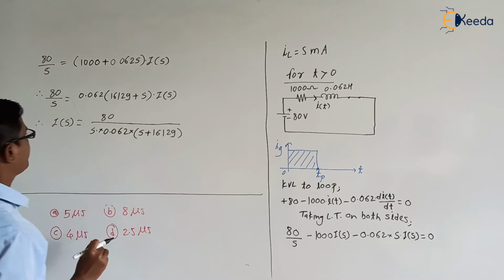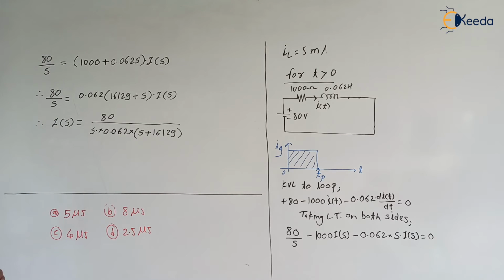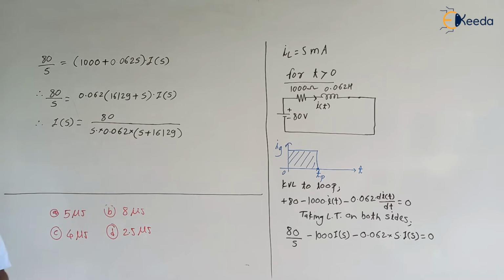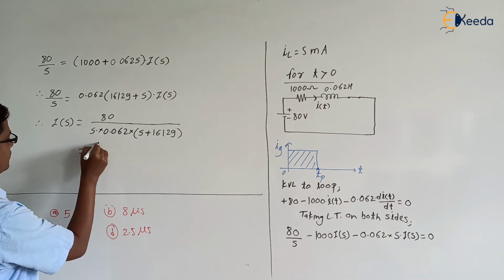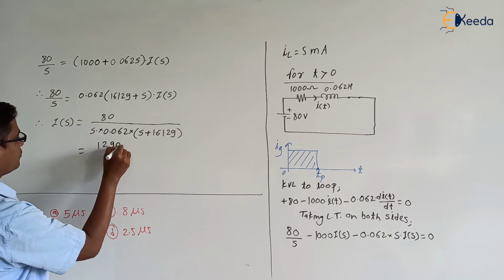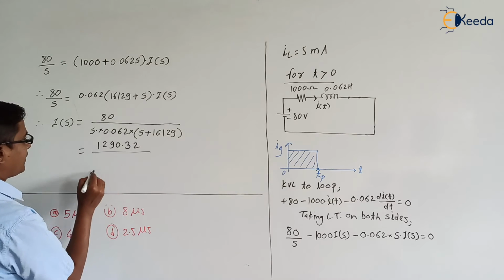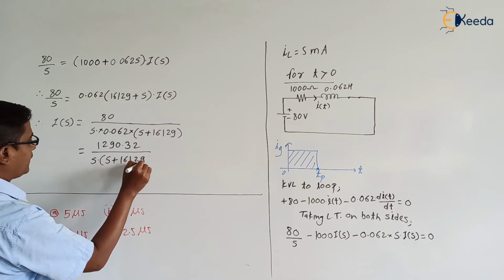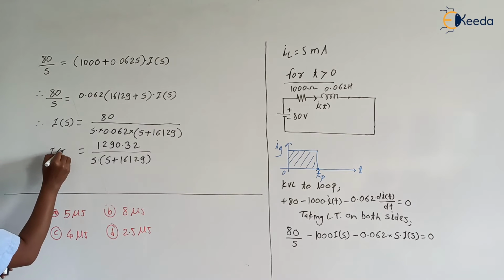I have shifted this term to the left hand side, and I(s) is on this side. So 80 upon 0.062 is 1290.32, so I(s) is 1290.32 divided by s into s plus 16129.